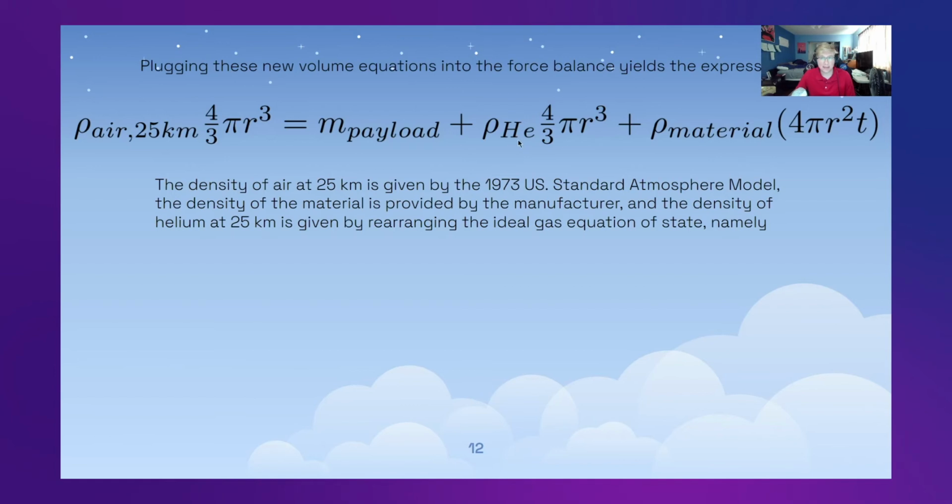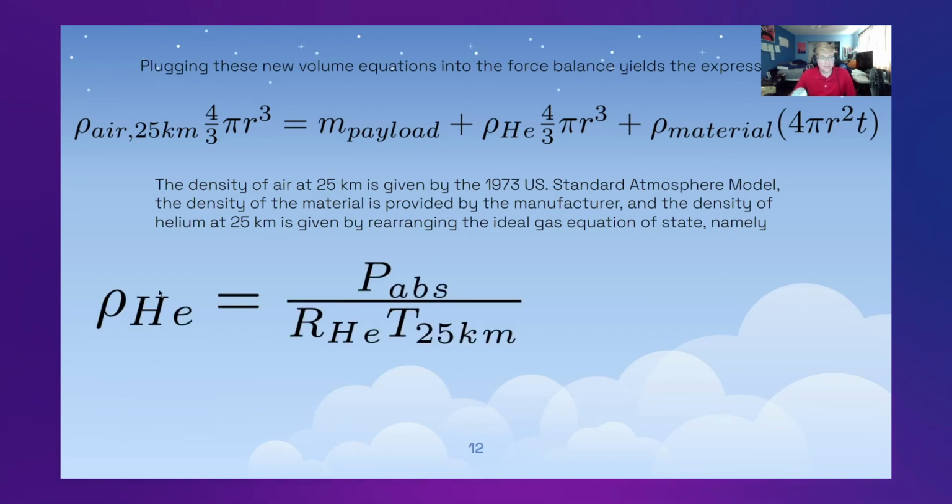The density of helium is going to be given to us by the ideal gas equation of state. Remember, we are able to make the assumption that the density of helium is given by the ideal gas equation because the pressure is very low and the temperature is relatively high. So we arrive at this expression by rearranging P equals rho RT.